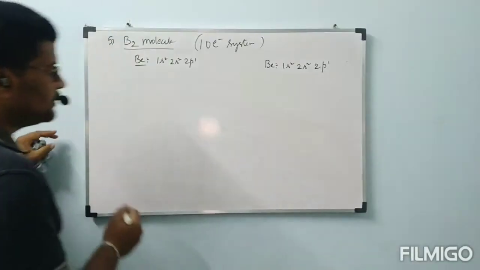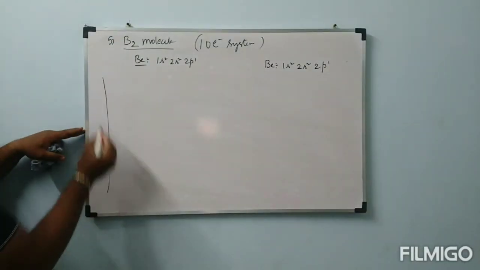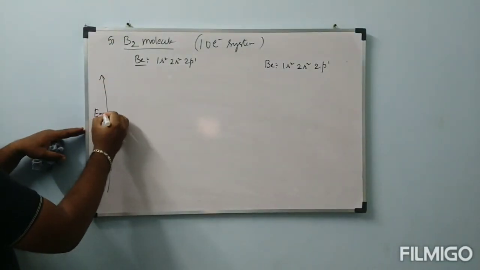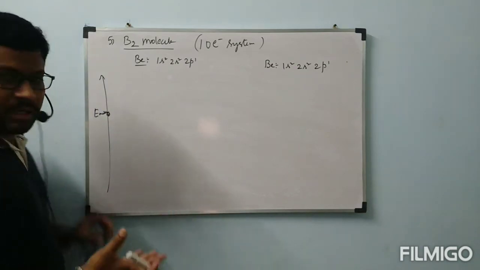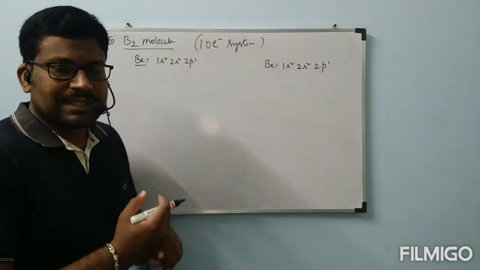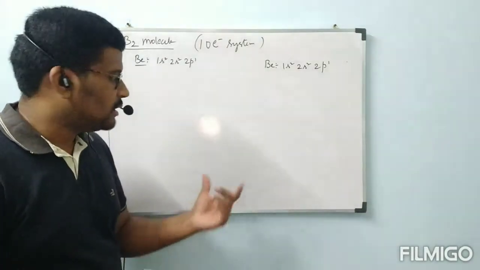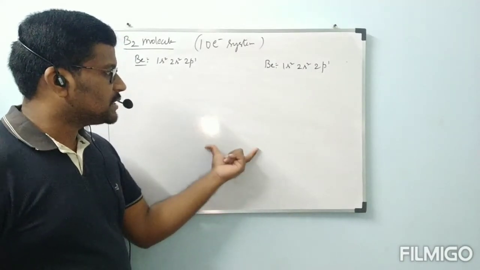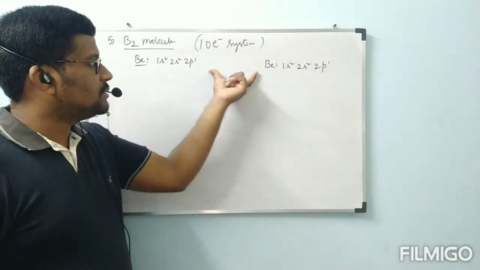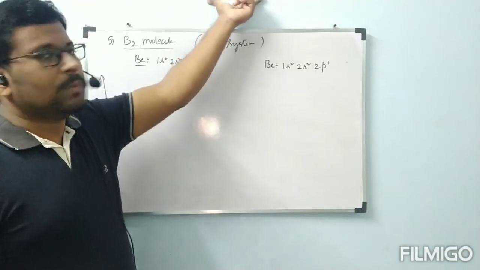Okay, now we have to show here energy increases like this. Actually, this board is not supportive to write sigma 1s, sigma star 1s, sigma 2s, sigma star 2s, like that, and here we cannot write 2p.